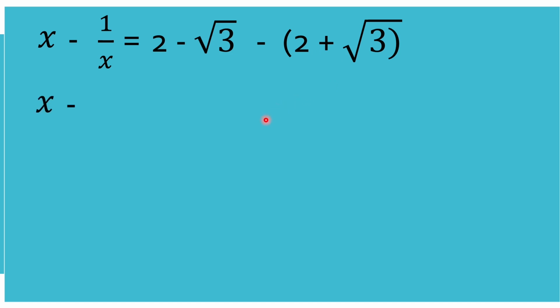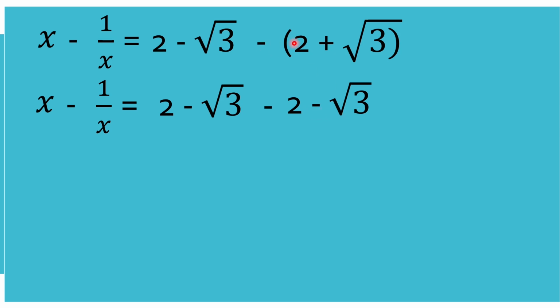Now this minus, when multiplied with these values, will become minus 2 and minus under root 3, because this minus when multiplied with this plus will become minus. And here we have plus 2 and minus 2, which will cancel each other, and finally we have x minus 1 over x equals minus 2 under root 3, because minus under root 3 and minus under root 3 equals minus 2 under root 3.